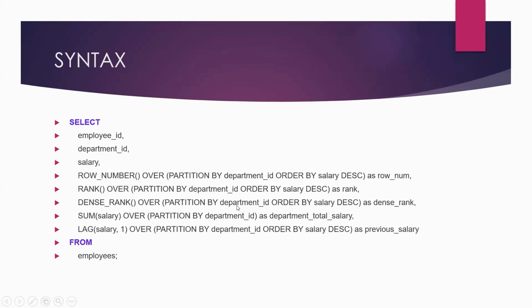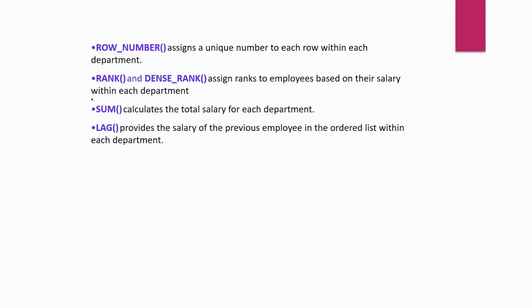Dense_rank over partition by department ID order by salary descending as dense. And sum of salary over partition by department, lag salary over partition by department as previous salary. If you want to find the previous salary of the employees and compare, then you use lag, from employees. So this is the syntax of a window function.